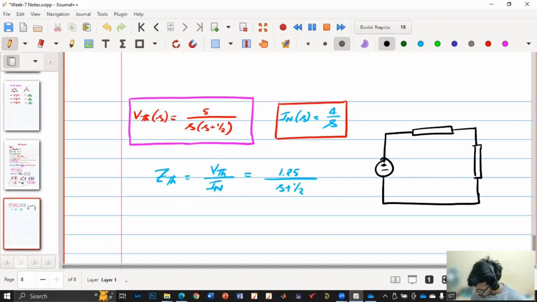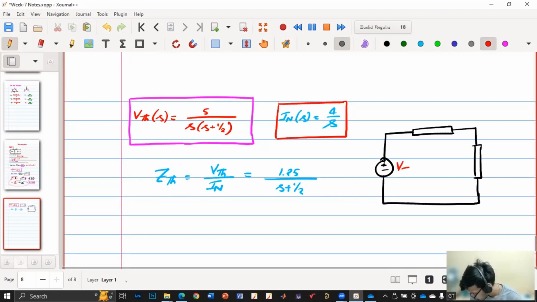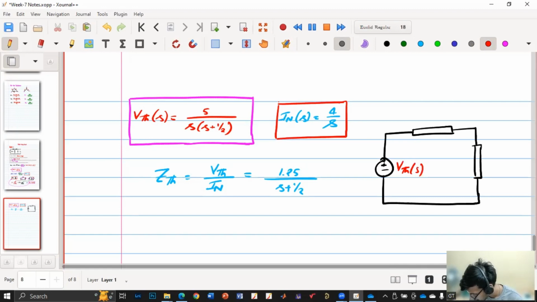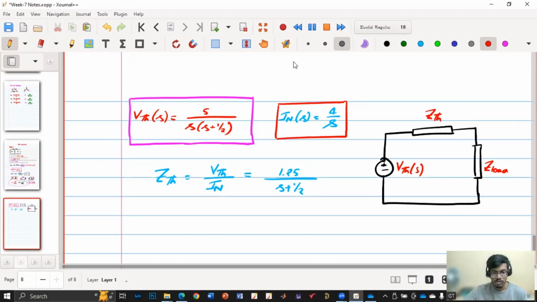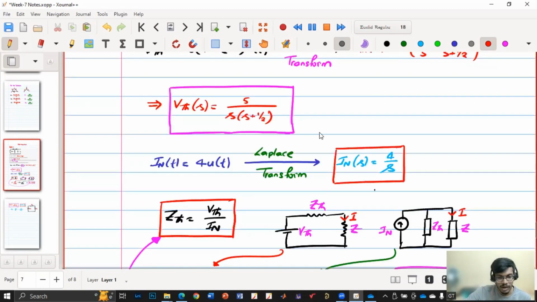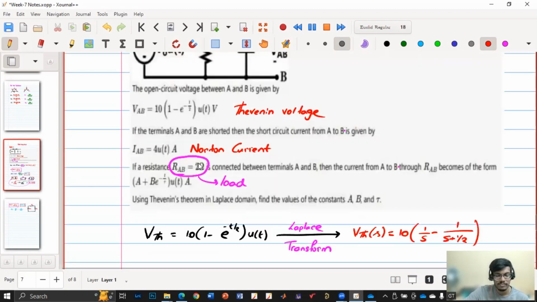This is my V Thevenin of S, this is my Z Thevenin, and this is my Z load. 2 ohm is given. If I do Laplace transform, what will I get? 2 itself.